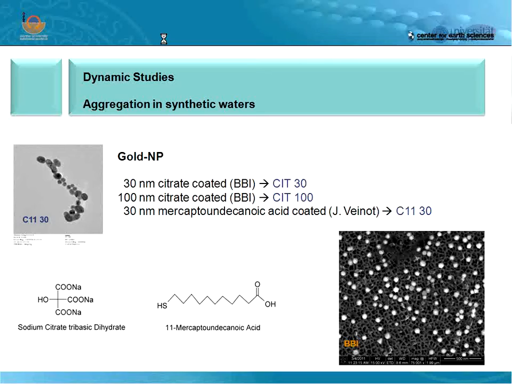We used 30 nanometer citrate coated, 100 nanometer citrate coated, and 30 nanometer mercaptoundecanoic acid coated particles. This is the citrate molecule on the particles. This is the mercaptoundecanoic acid. We expect some steric or electrostatic stabilization from this coating material on the particle. This is a nice SEM picture of these gold particles.